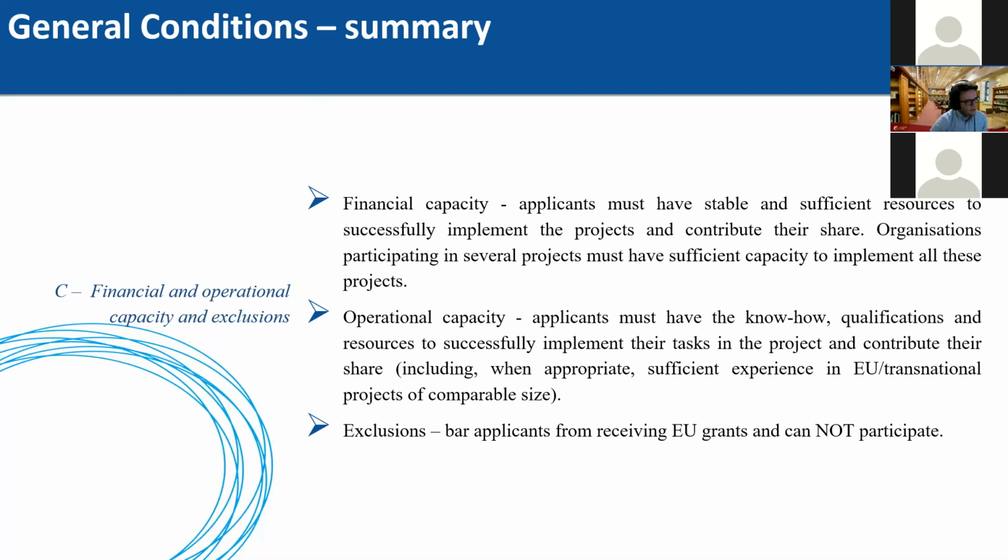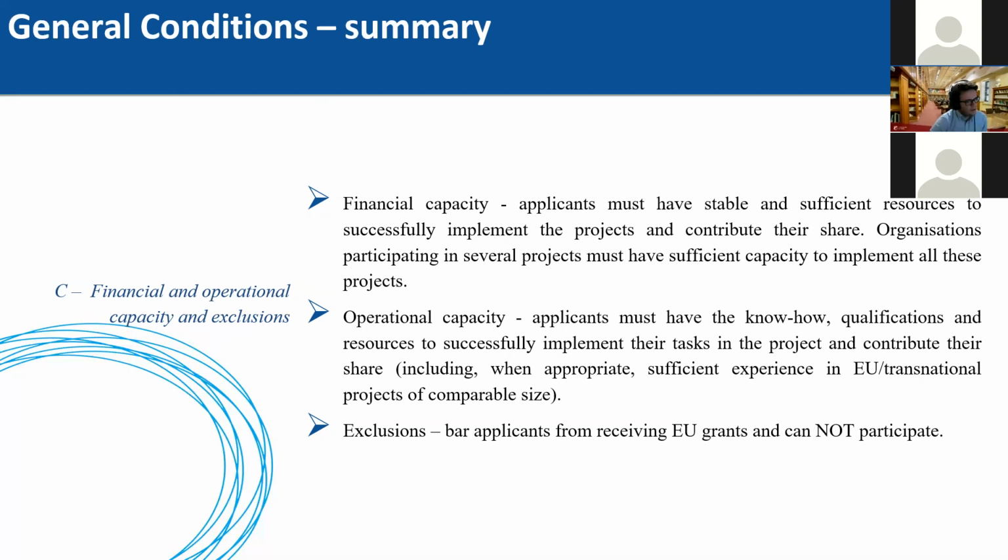And of course, organizations in several projects must have sufficient capacity to implement all these projects. With regards to operational capacity, applicants must have the know-how, qualifications and resources to successfully implement their tasks in the project and contribute their fair share.